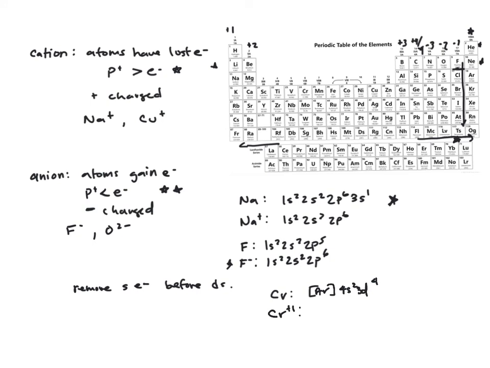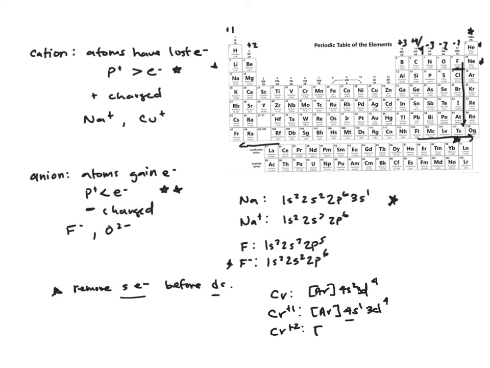In that case, remembering this rule for transition metals, that we remove our electrons in the s orbital before the ones in the d's, we would end up with the following. You notice that I've removed the electron from the 4s orbital instead of the 3d, and we would continue if I had chromium +2.